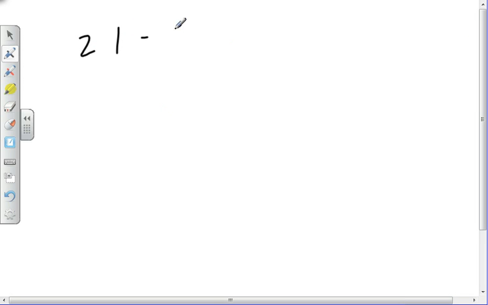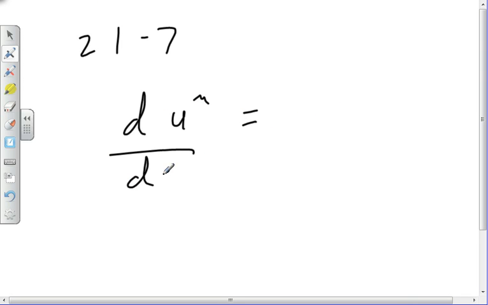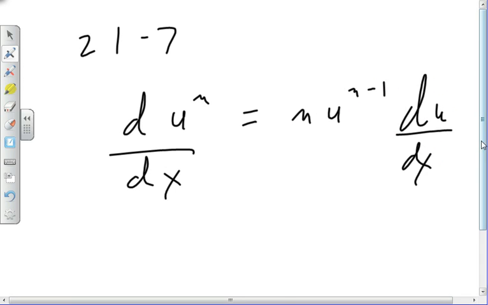Bummer. So in section 21.7, we have a rule that says if I take the derivative of some function u raised to the n, with respect to some variable, then I'm going to have n u to the n minus 1 times the derivative of that function, whatever it is, with respect to x.